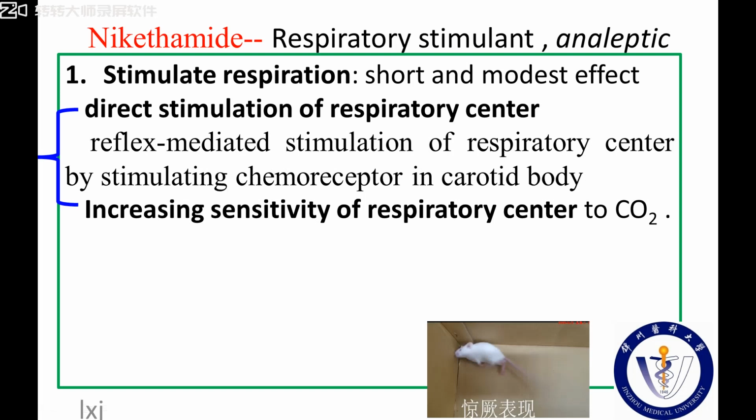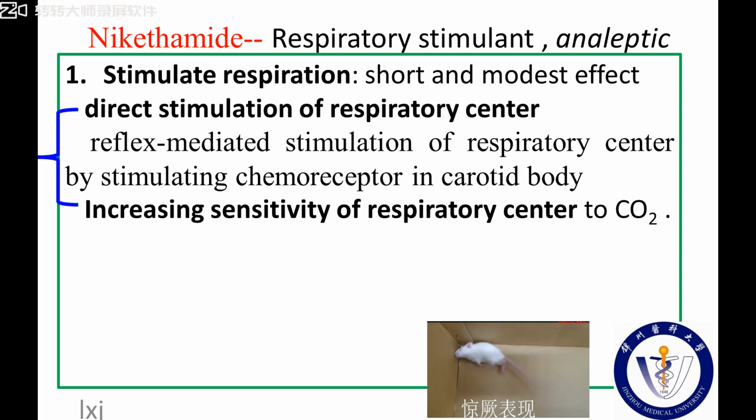It is also related to reflex-mediated stimulation of the respiratory center by stimulating chemoreceptors in the carotid body, and this mechanism is relatively weak. Nicotinamide also can increase the sensitivity of the respiratory center to carbon dioxide. So it mainly acts on the respiratory center.